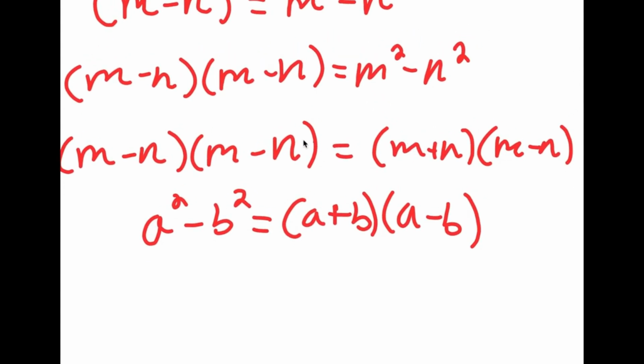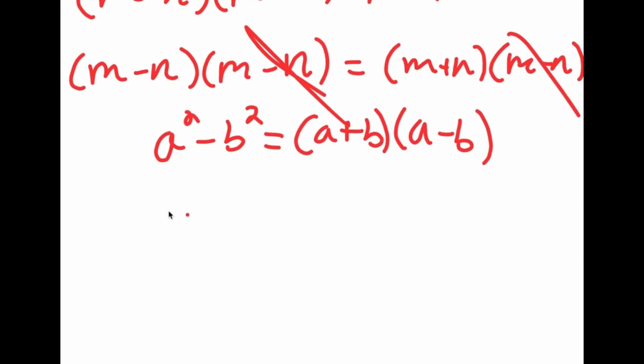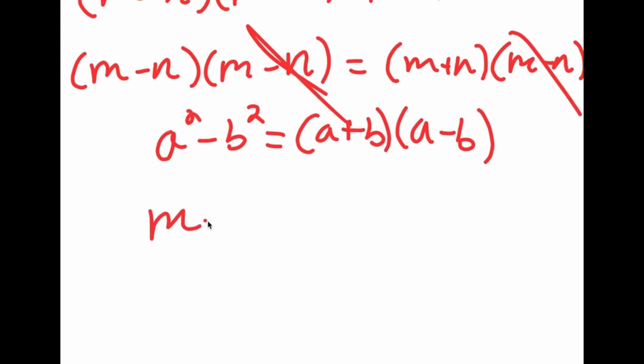So now, as you see, we can simply divide both sides by m minus n, cancel these two out. So now I'll be left with m minus n is equal to m plus n.